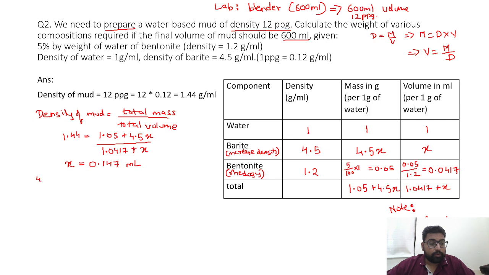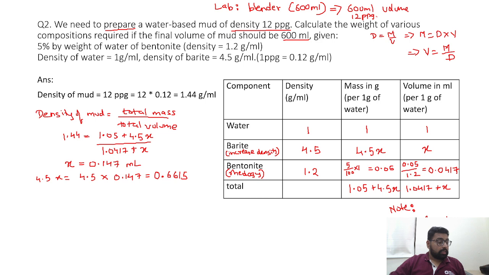The mass, that is 4.5x, will be 4.5 into 0.147. Let's do the calculation: that is 0.6615.